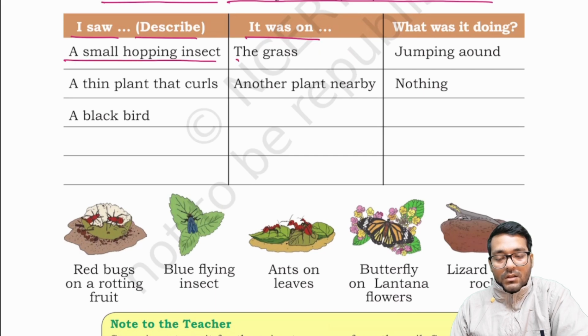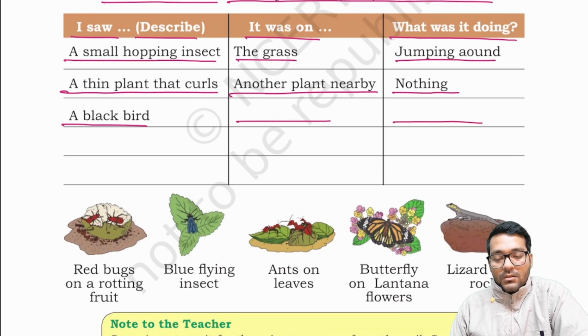It was on the grass. What was it doing? Jumping around. I saw a thin plant that curls. It was on another plant nearby. What was it doing? Nothing. I saw a black bird.